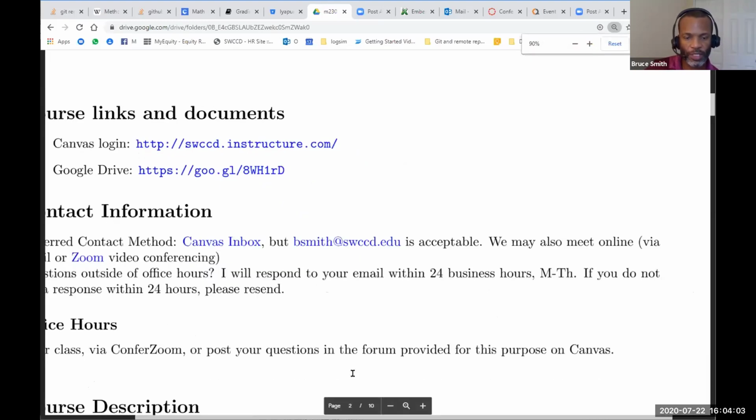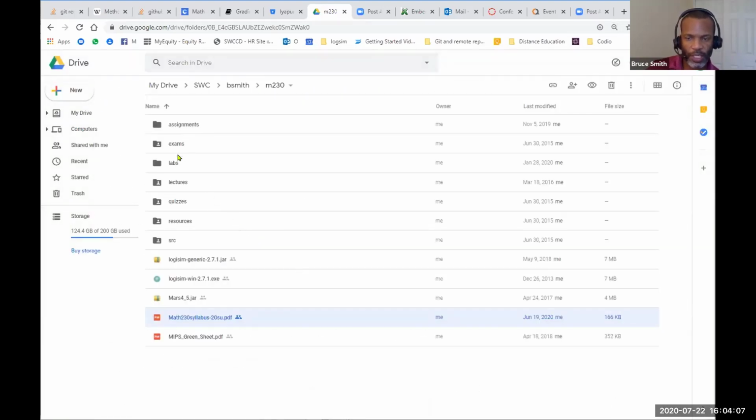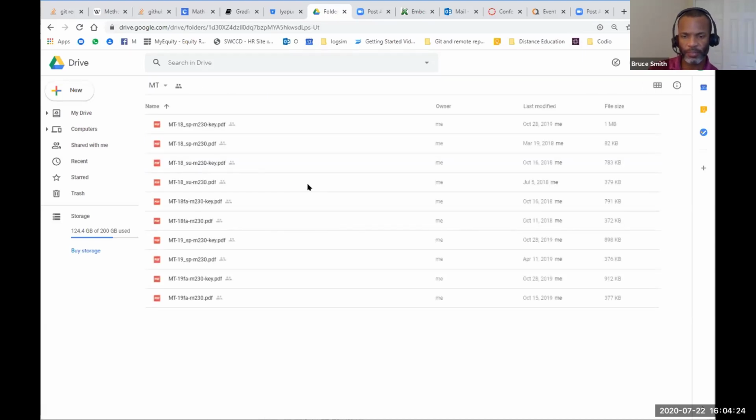I'm going to stay here for a second and remind you that in here there's a figure, and these other ones have nothing in them, so those are hidden in assignments and labs. I've been using Canvas for that. But if I drop into the exams and midterm area, you should see midterms such as this one for 18 spring, the key, and then a blank midterm.